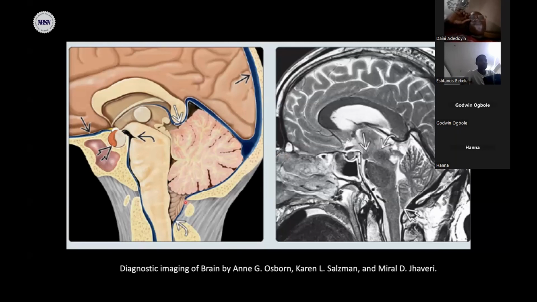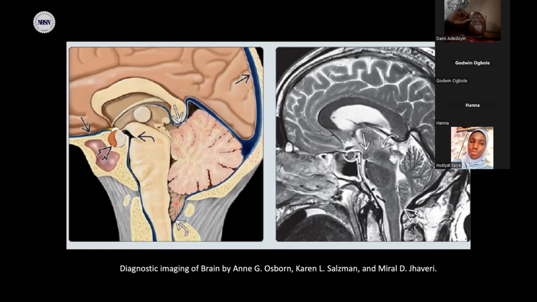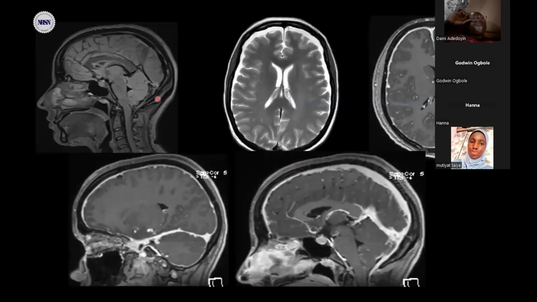There's also descent of the tonsils that will also be seen. So let's look at more of these features. This is the digital FLAIR image, and it's showing the effacement of the prepontine cistern with tonsillar ectopia on the image that we see here.